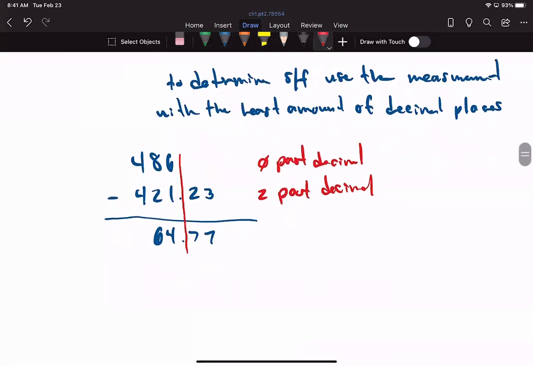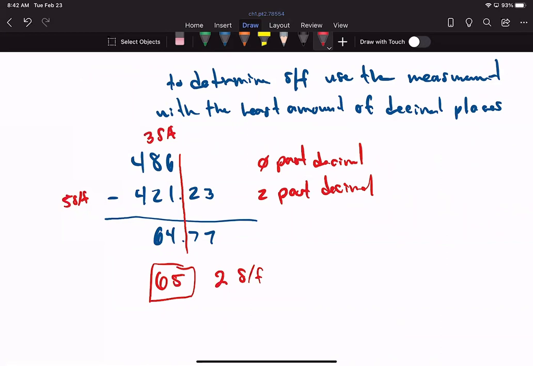So I need to round this number to 65, and I end up with 2 significant figures. So it is okay that they don't match, right? Because here I have 3 significant figures, I have 5 significant figures, and my answer has 2 significant figures. And that's perfectly okay because I followed the rule of the least amount of decimal places. So if they happen to match the smallest amount, it's simply just coincidence. But what you're looking for here is the least amount of decimal places.